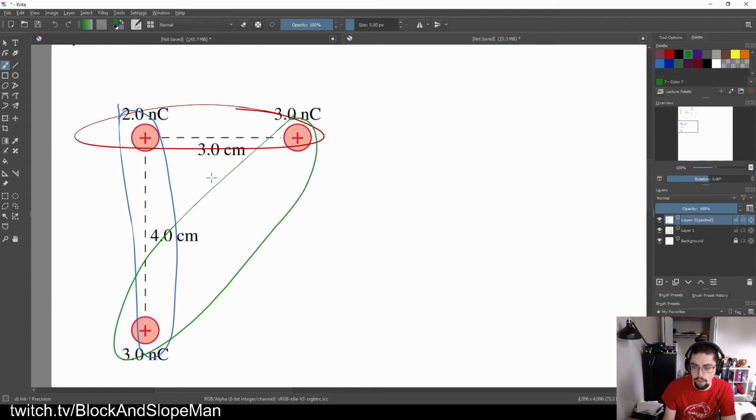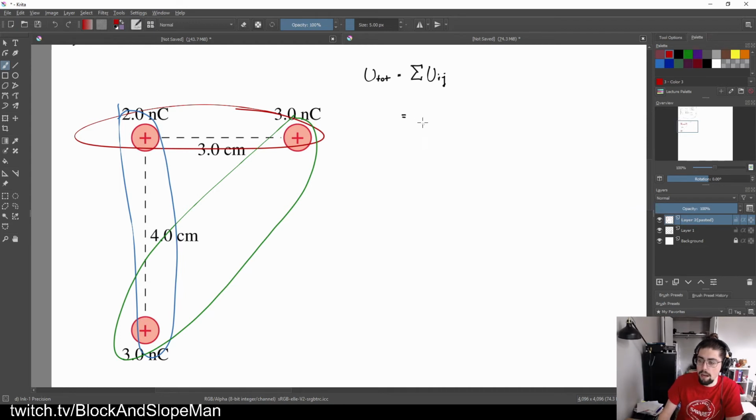And now my picture's a mess, but I've got all 3 of my pairs counted. So I'm going to say my total potential energy is equal to the sum of every single pair that's distinct. So I'll just write that as U_ij for 1, 2, 2, 3, and 3, 1. But now I'm going to write these out color-coded.